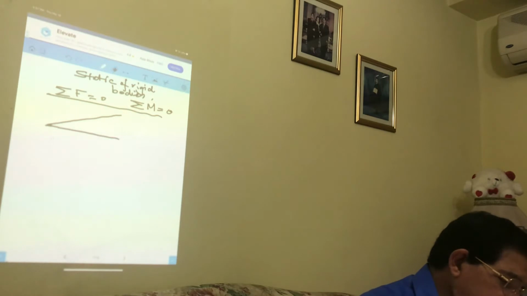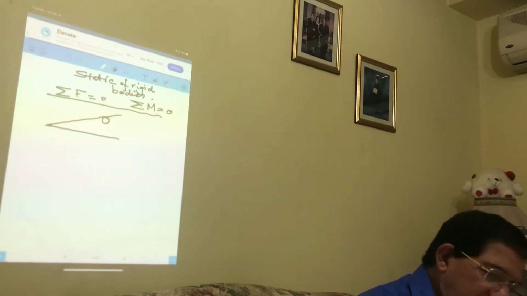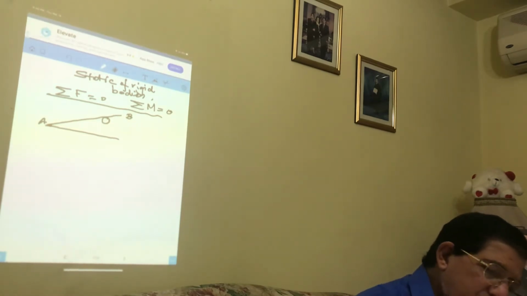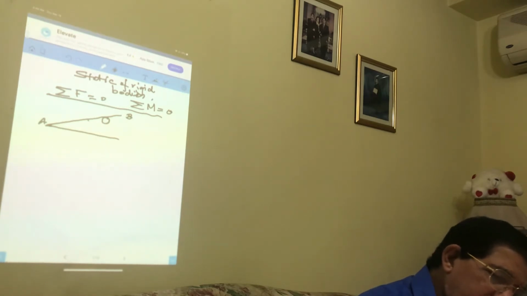This is the rod resting on a peg here. The rod AB, of length 10 meters, and since it is uniform, its weight acts in the middle.